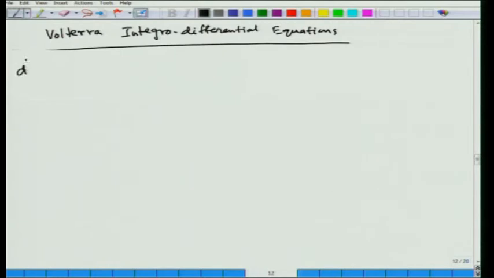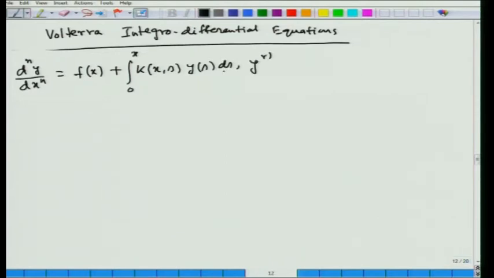We consider an equation of the form d^n y/dx^n = f(x) + ∫₀ˣ K(x, s) y(s) ds with the given initial conditions, that is y^(r)(0) = α_r for r = 1, 2, 3, ..., n − 1.